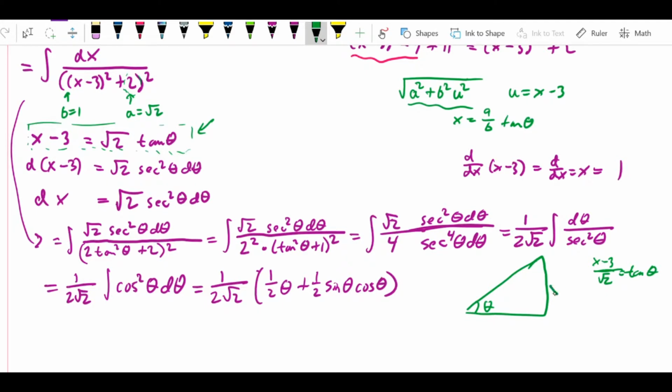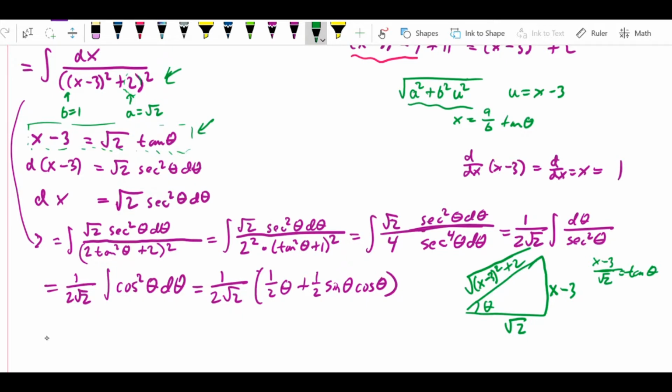So the opposite side is x minus 3, the adjacent side is root 2, and the square root of side squared plus side squared gives us x minus 3 squared plus 2 on that side. And not coincidentally, you recognize that expression from there.